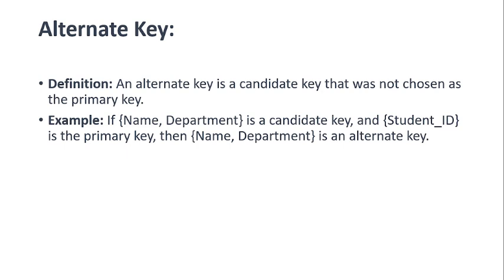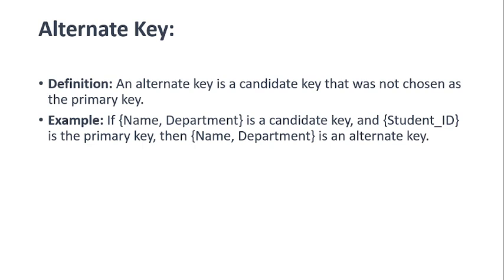Now we are going to see about an alternate key. So what is an alternate key? So alternate key is a candidate key which was not chosen as a primary key. So other than the primary key, if there is any key present inside the table, then I can consider that key as the alternate key. So you can see here in this example, name, department as well as student ID are the three combination.